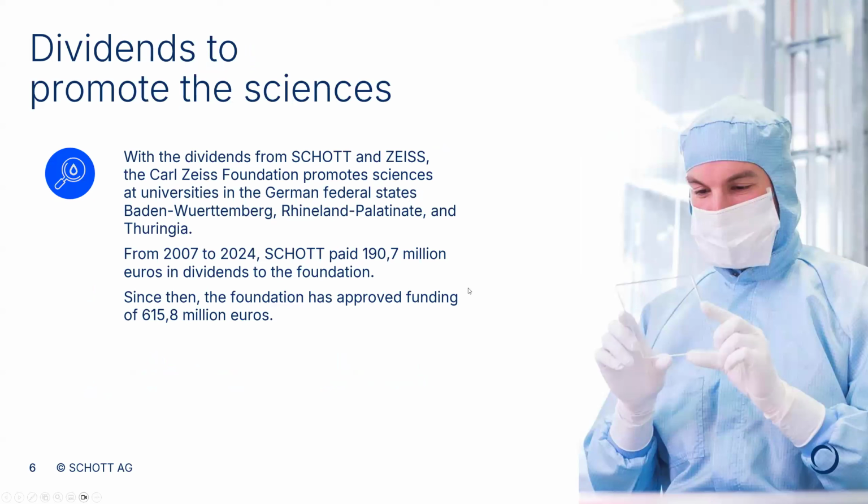One peculiar thing about SCHOTT is that SCHOTT is 100% owned by the Carl Zeiss Foundation, and the profit that SCHOTT makes that goes to the foundation is then used to promote the sciences in the German states that the foundation is active in, to fund things like professorships, prizes, student projects, and so on.